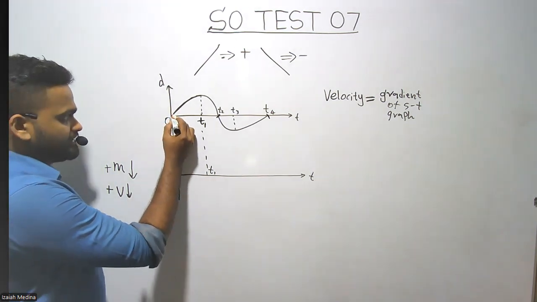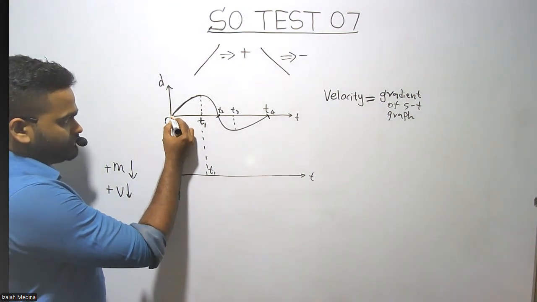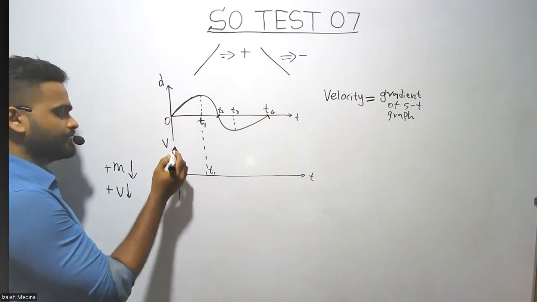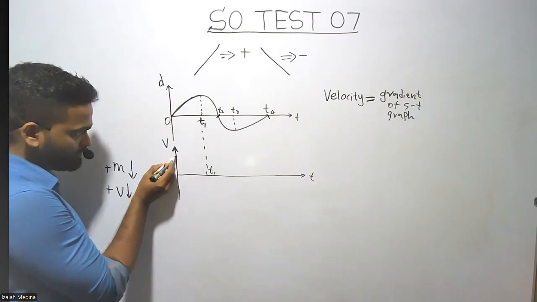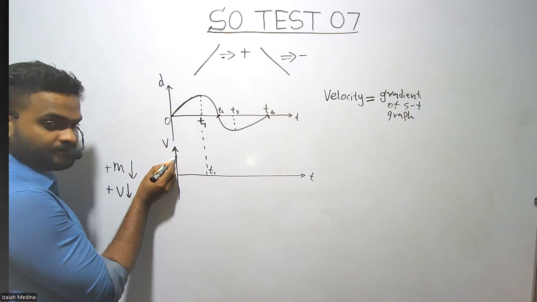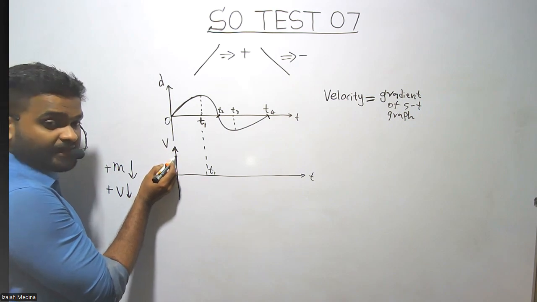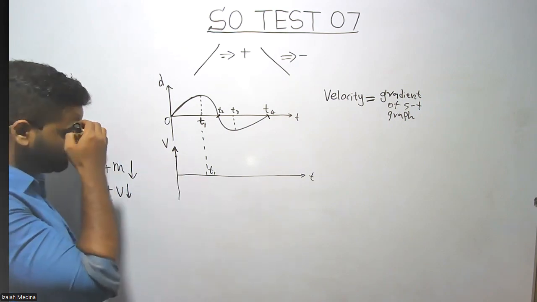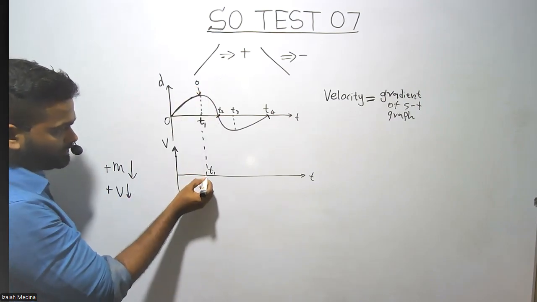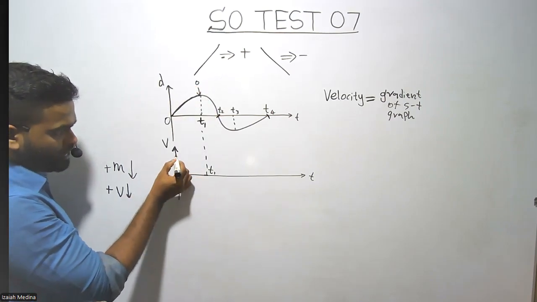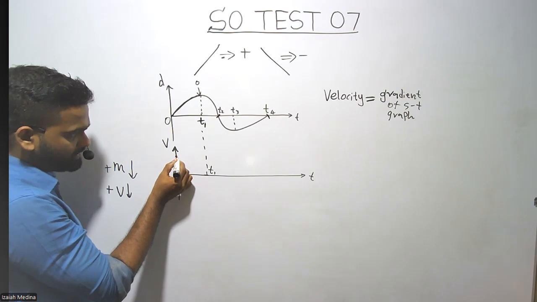Here displacement is 0, but since it has a gradient at this point, it has a positive velocity. So just mark the initial velocity here. We are plotting the gradient at each point. And the gradient here is 0. Positive gradient is decreasing.